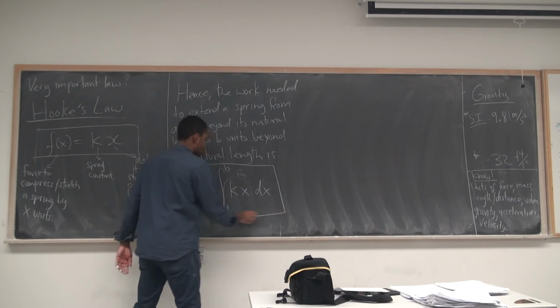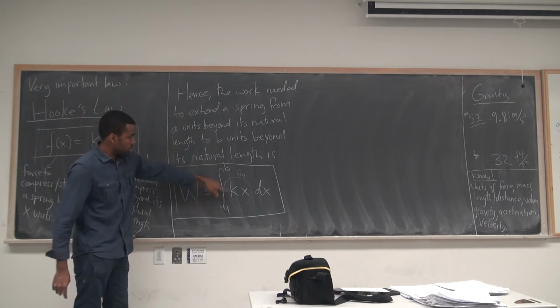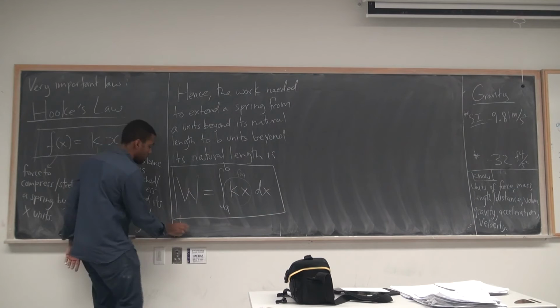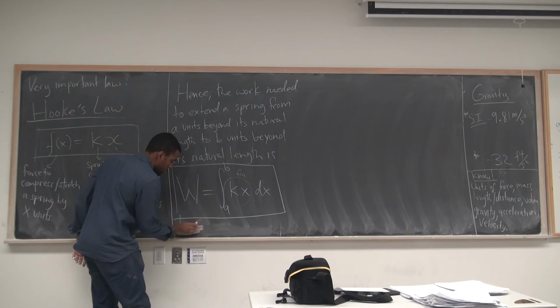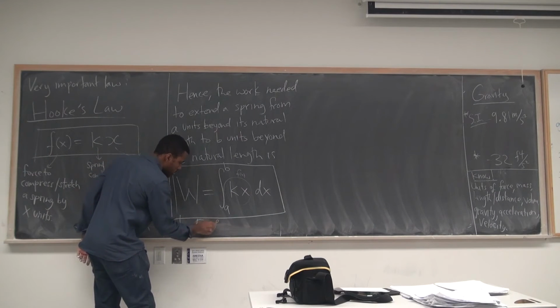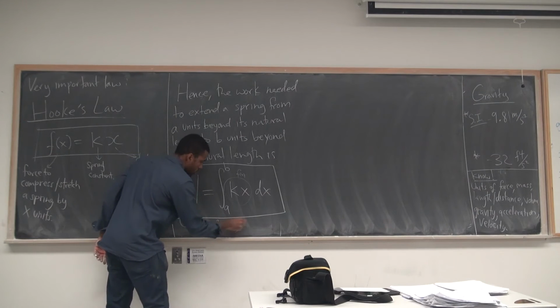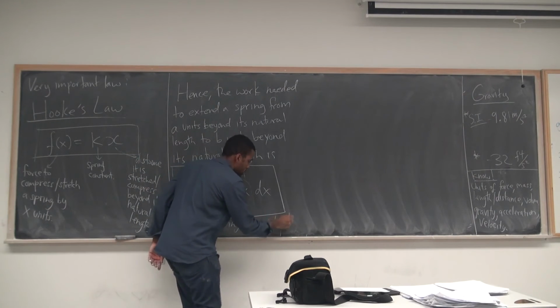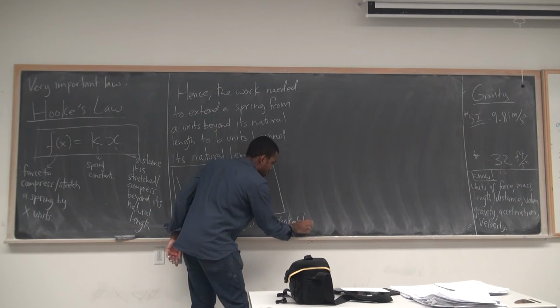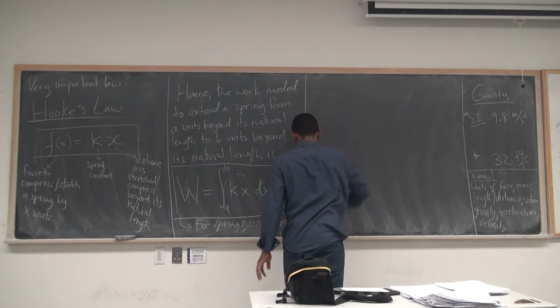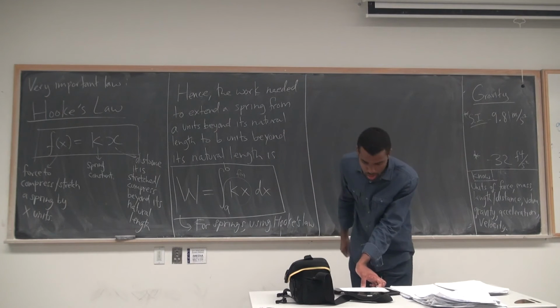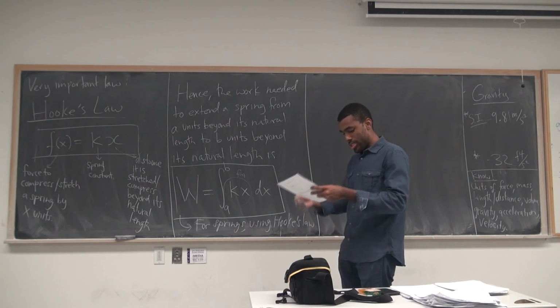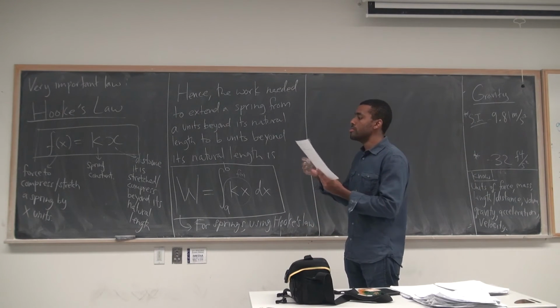So this is the work to extend the spring from A units beyond its natural length to B units beyond the natural length. So this is for springs, using Hooke's law to find F. This is by no means the most exotic form of work we're going to be doing, so let's just jump into some examples.